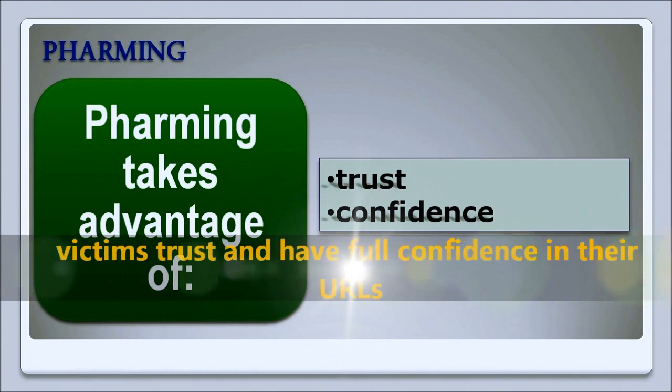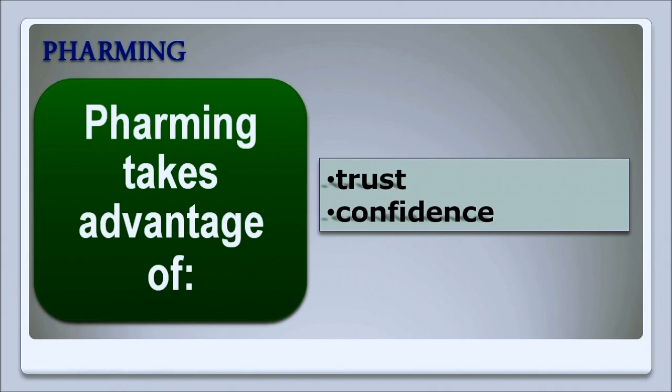So the victim is fully confident and trusts the URL that is being entered. But unknown to the victim, the malicious attacker has compromised their system. Hence, any URL they enter goes to the wrong one, that is, the fraudulent one.